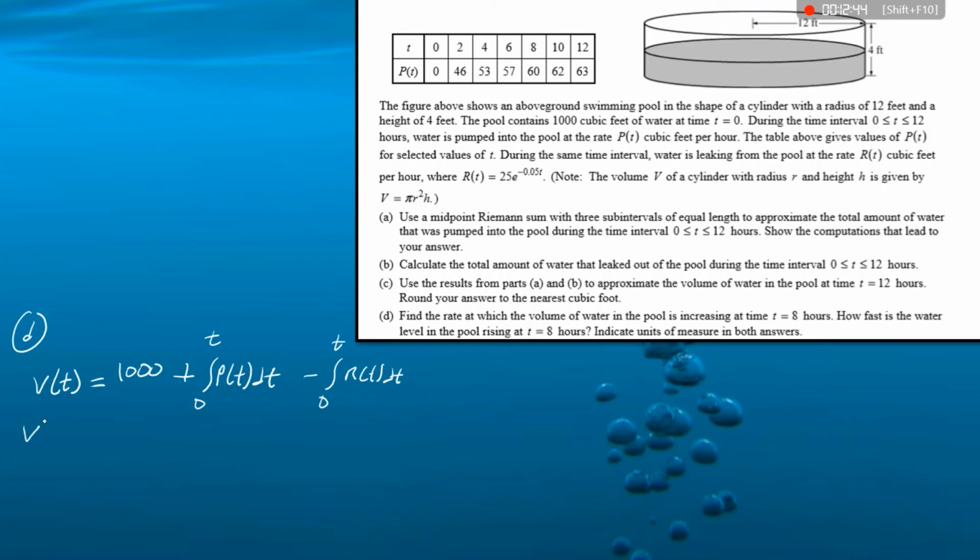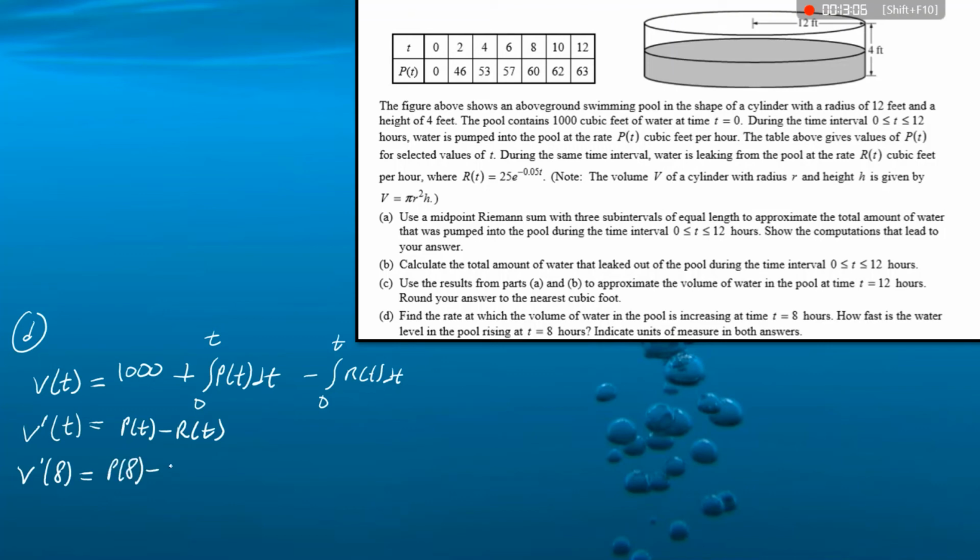Okay, so then what would the derivative be? P(t) minus R(t). Oh, it's simple. And then we need to find that at 8.